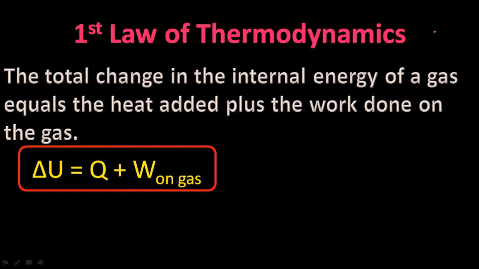The formula is the change in internal energy. Notice the delta right there, that matters. This is not the internal energy, this is the change in internal energy, is equal to the heat added, that's Q, plus the work done on the gas, which is what we discussed last time.